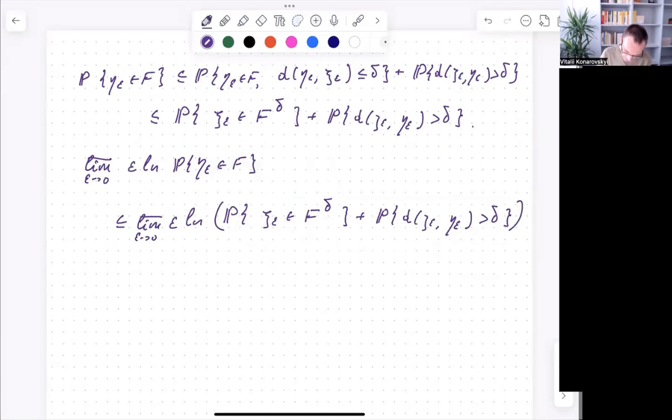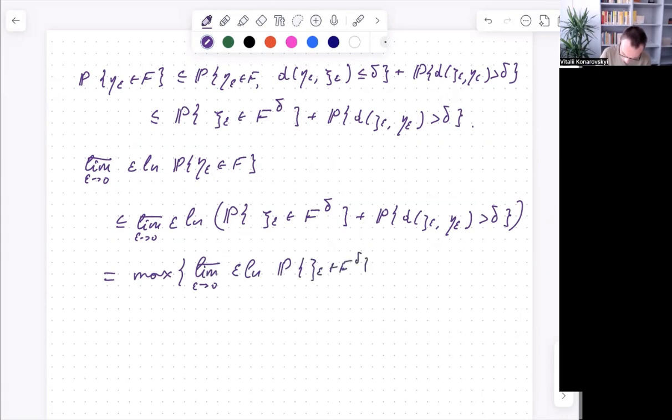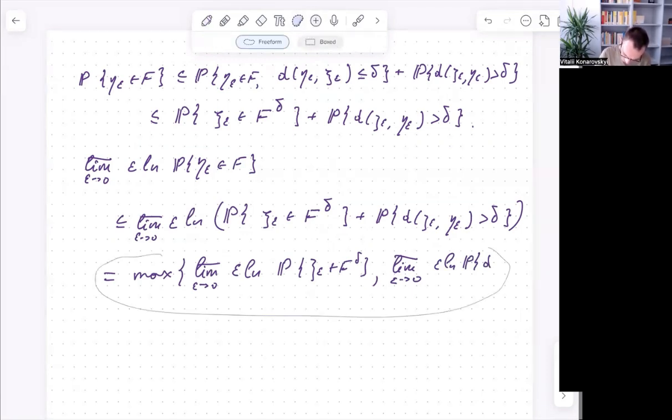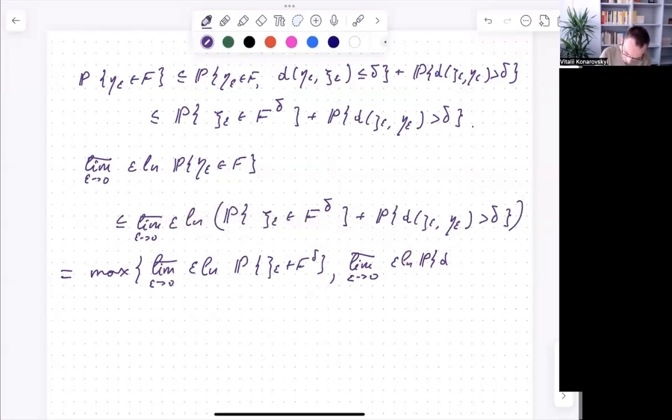You remember that the logarithm of a sum of two sequences we can split, as we did many times, into the maximum between the limit supremum as epsilon goes to 0 of epsilon logarithm of the probability that psi epsilon belongs to F delta, and the limit supremum of epsilon logarithm of the probability that the distance between psi epsilon and eta epsilon is larger than delta.